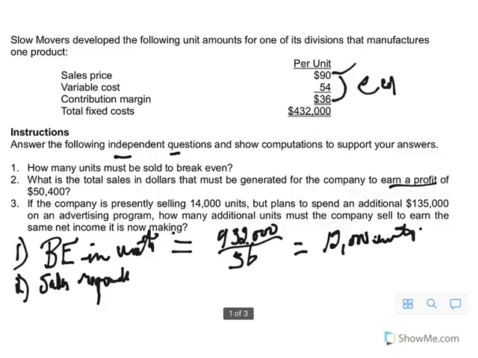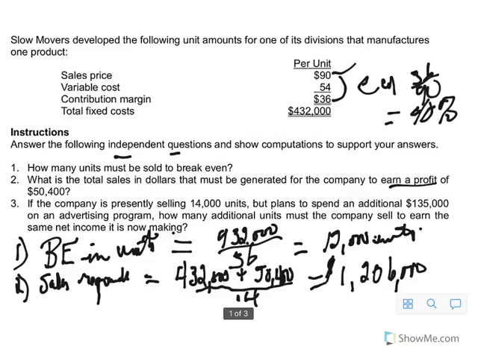And the contribution margin ratio is 36 divided by 90. So therefore, the sales required is equal to the fixed cost plus the desired net income of $50,400 divided by the contribution margin ratio, and my answer is 1,206,000.